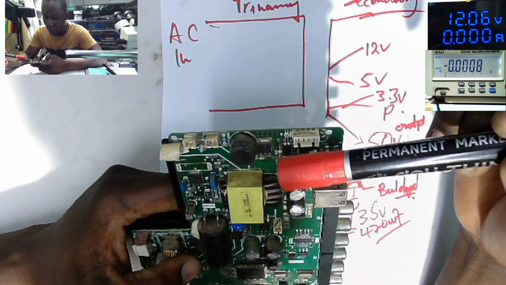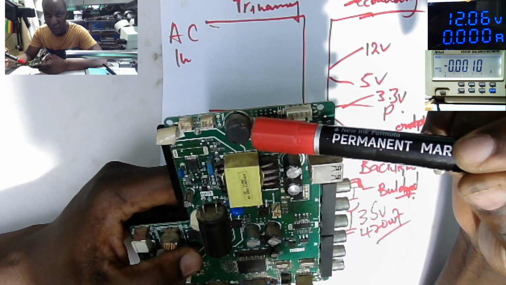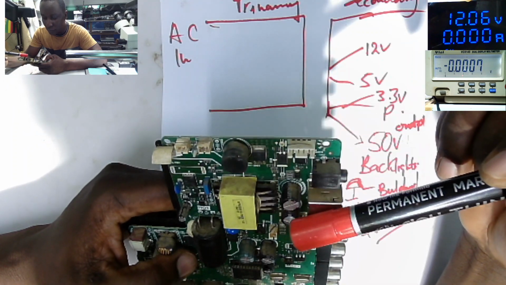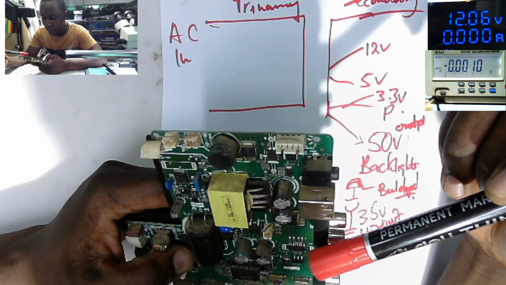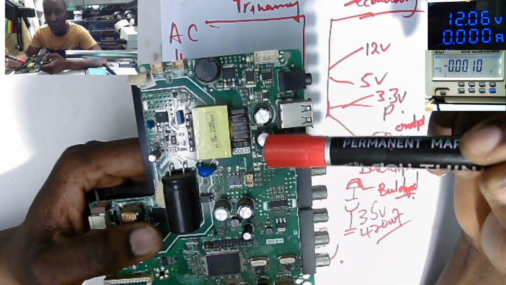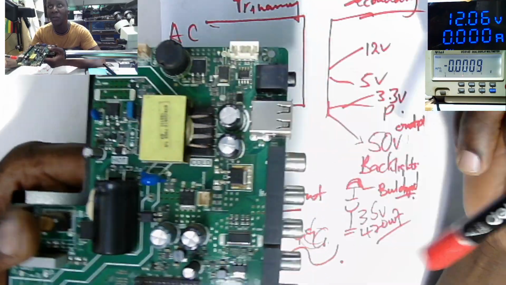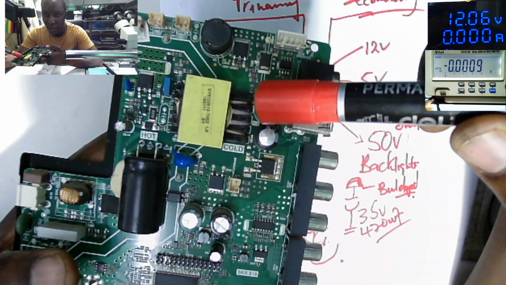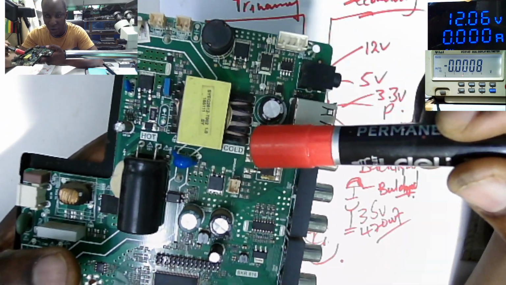Next to the coil we have the switching MOSFET which is switching this coil, and what do we have? We do have two capacitors here. If we check those capacitors clearly, this one is flat, this one has got a bump.